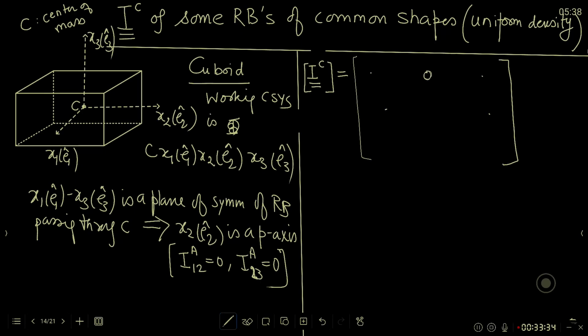Since the inertia matrix is always symmetric, this 0 means that this is also 0, and this 0 means that this is also 0. So out of 9, 4 are 0. But then I realized that x1 e1 and x2 e2 is also a plane of symmetry.